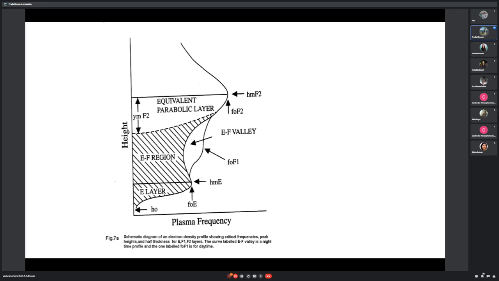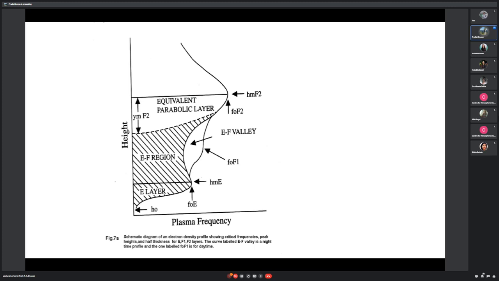You know the principle, so well known. So here, if the radio frequency, this is plasma frequency, is equal to the critical frequency of the E layer, till then it will come back.